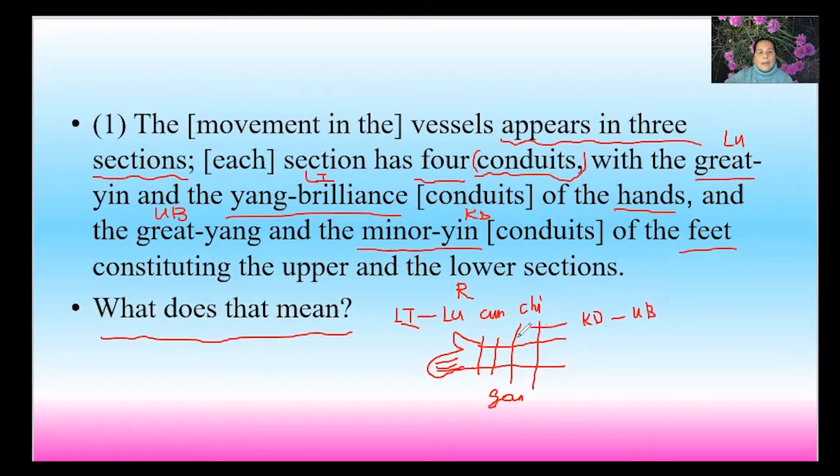So that's why we say the pulse has 3 sections, 寸关尺. That's 3 sections. And the 4 meridians here, basically we only talk about the cun position and the chi position on one side.